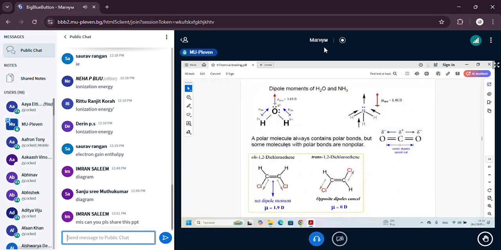Water and ammonia. These molecules contain polar bonds, because the bond between oxygen and hydrogen is polar, and the dipole moment is directed toward the more electronegative oxygen atom. Bonds between nitrogen and hydrogen are also polar.